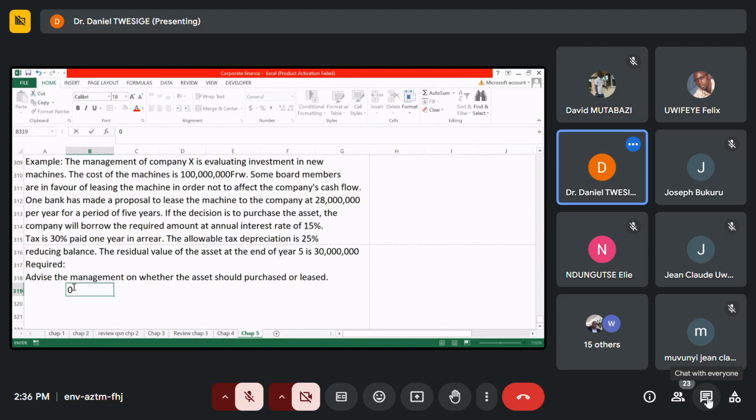Year 0. So if you look at the lease option number 1, option 1, to lease the asset. And what do I need in this option? I need the lease rental as my cash flows, which have been given as 28. We are going to reduce 3 zeros.